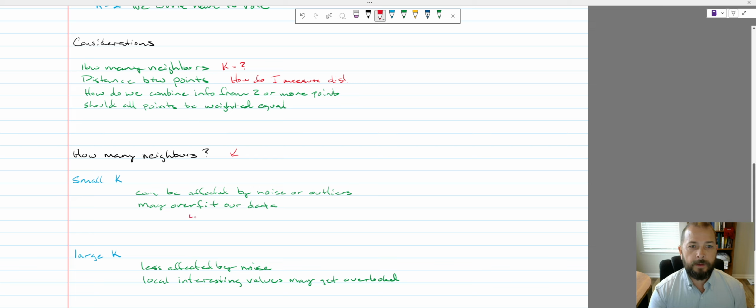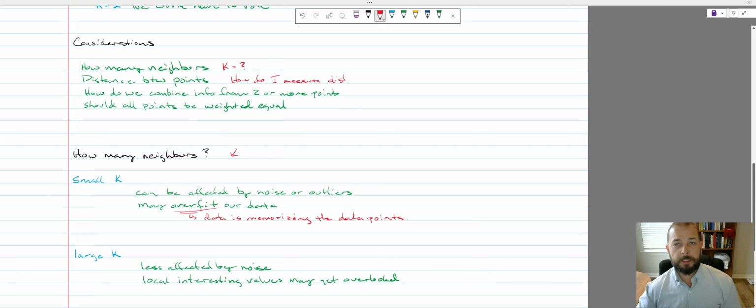And overfitting is basically memorizing the data points. So we want to try to avoid overfitting as much as possible. We don't want our model to just memorize what the data points are in the data set. We want it to be more generalized.